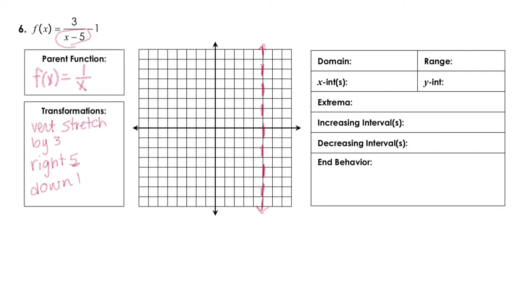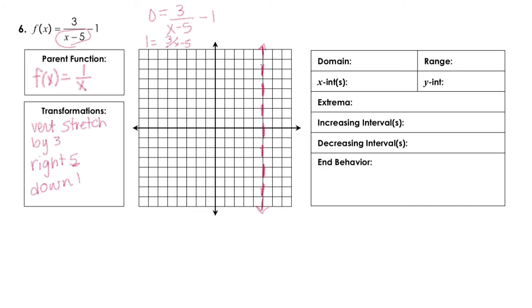And now looking at this, we can try to pick out our x and y intercepts. So let's go ahead and let 0 equal 3 over x minus 5, minus 1. So I'm going to add that 1 over, so 1 equals 3 over x minus 5.